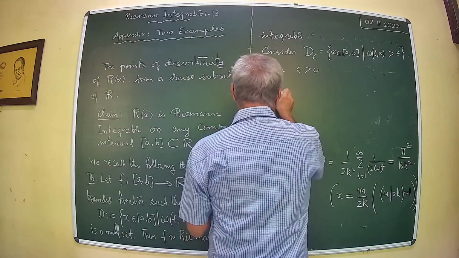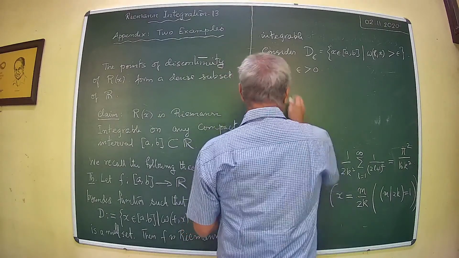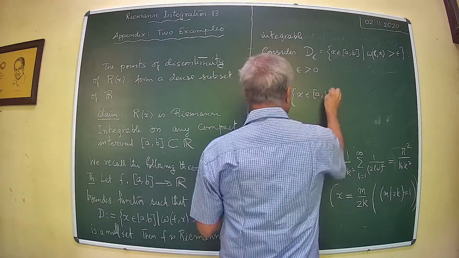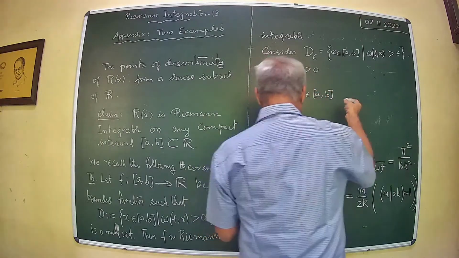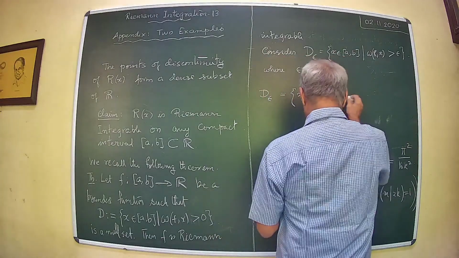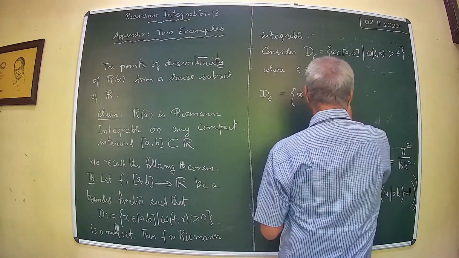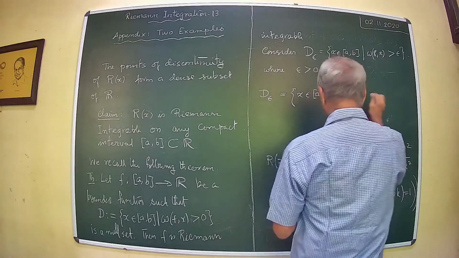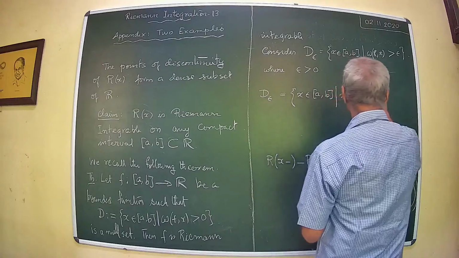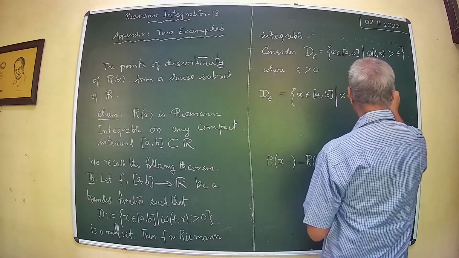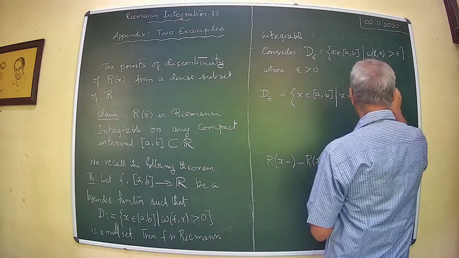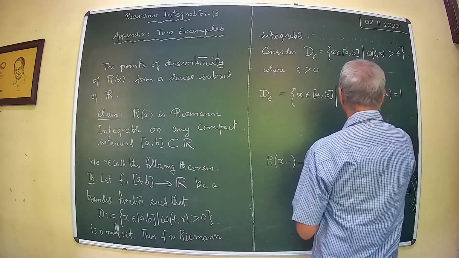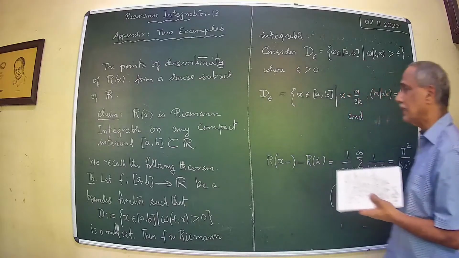D epsilon is the set of all x belonging to [a,b] such that x is equal to m by 2k. These are the points of discontinuity with the greatest common divisor of m and 2k equal to 1. What is the discontinuity at these points?